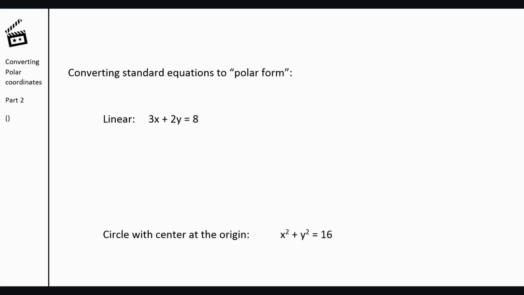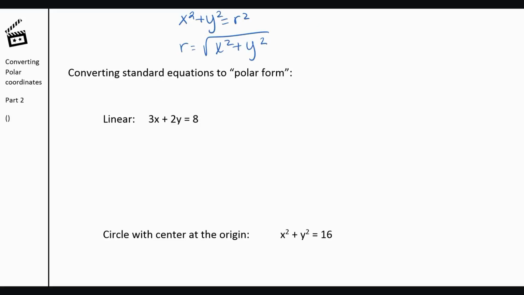Okay, we're going to talk about converting equations either from rectangular form to polar form and from polar form to rectangular form. So I want to remind you that the relationships we have are that x squared plus y squared equals r squared, which is the same as saying r is equal to the square root of x squared plus y squared.